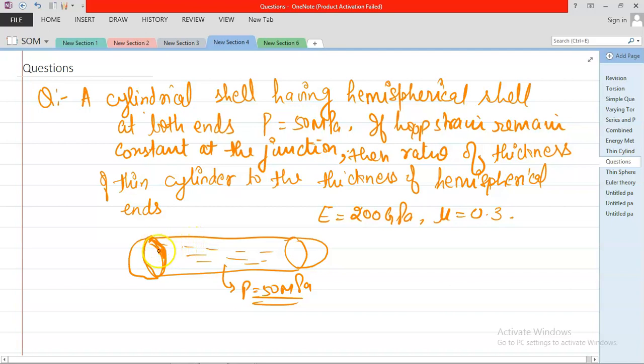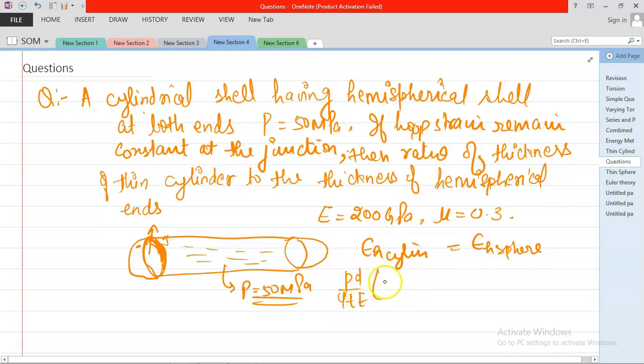Now, first of all, the hoop strain will try to increase the diameter. That means the amount by which this cylinder is elongating, this sphere needs to elongate that much so that they remain in contact. That means hoop strain of cylinder is equal to hoop strain of sphere. But a sphere has only one type of strain, which we call hoop or longitudinal.